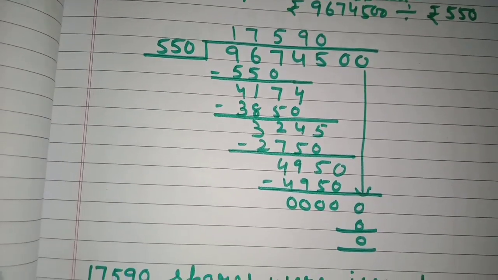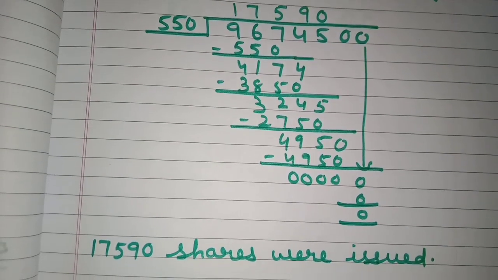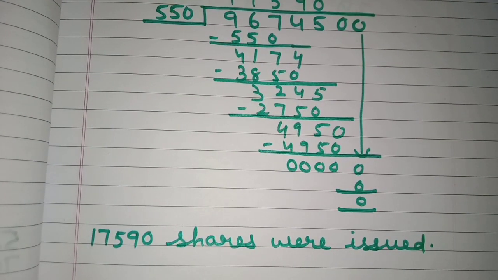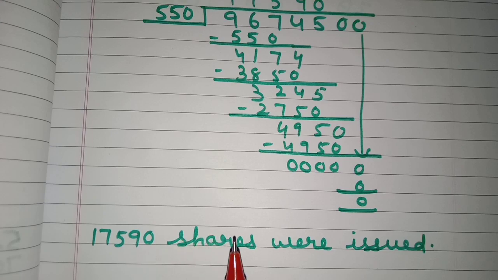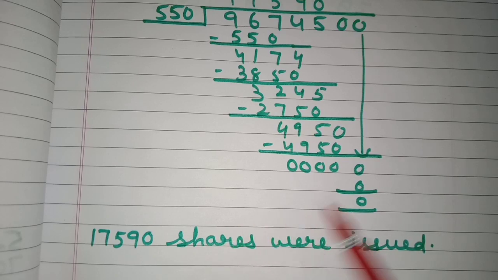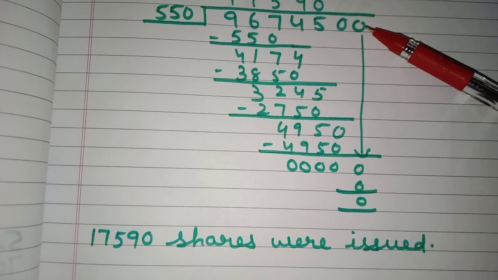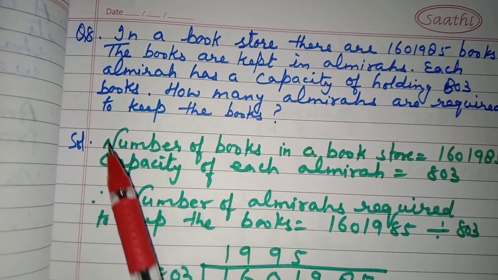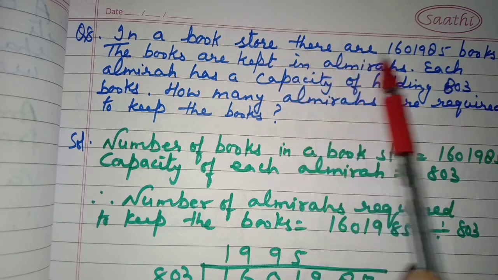We will get 17,590 shares. It means 17,519 shares were issued by the company because the value of each share was 550 and the total money company collected was rupees 96,74,500.